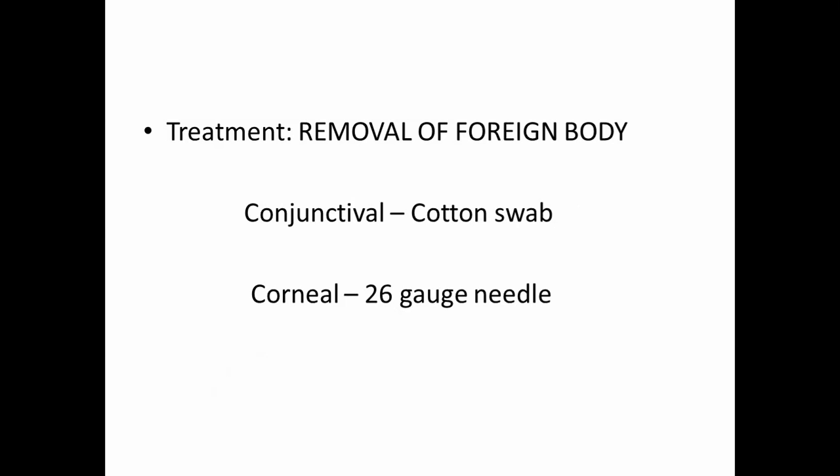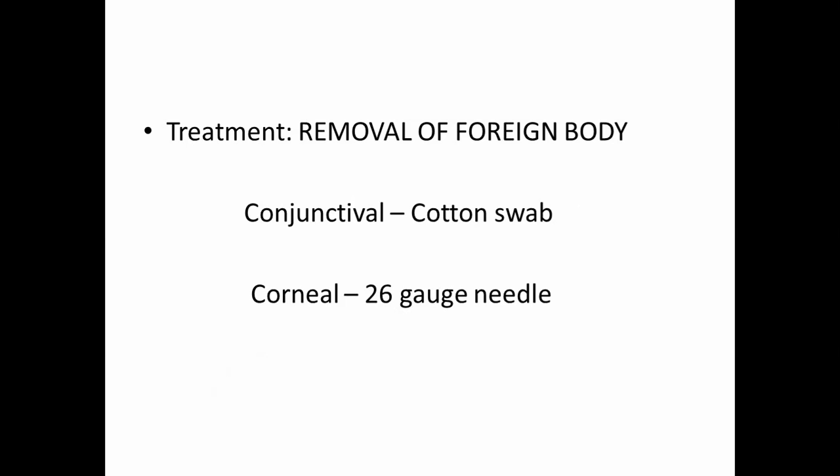So once we instill Paracaine, we place the patient's head on the chin rest of the slit lamp, and if it's a conjunctival foreign body, we can just use a cotton swab or a cotton bud and remove the foreign body. If it is a corneal foreign body, it is not that simple. It goes a little deeper, so it doesn't come off with a cotton swab. So we need a 26 gauge needle, and we need to remove the foreign body completely.